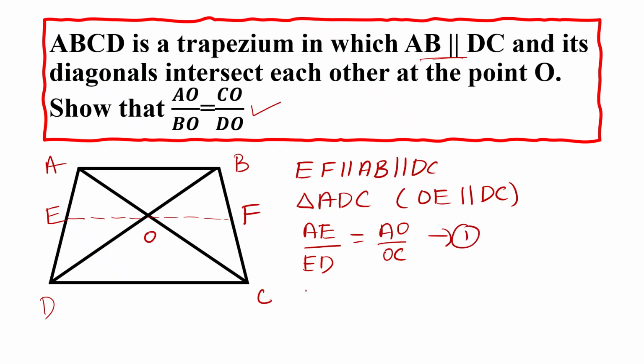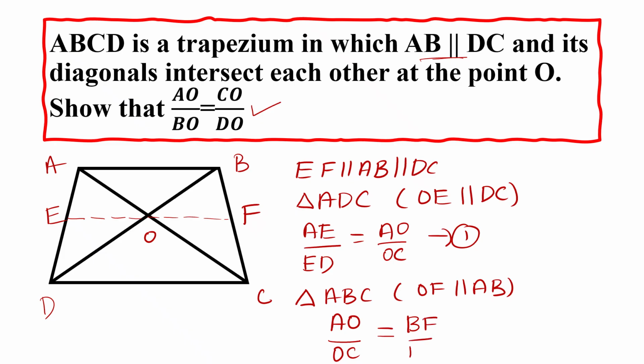Again I am going to consider triangle ABC, and in this triangle OF will be parallel to AB. So when I apply basic proportionality theorem, I am again going to get AO by OC is equal to BF by FC.